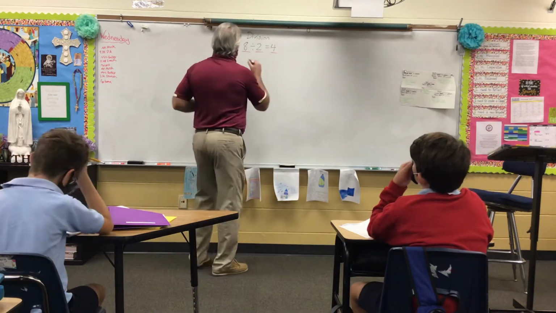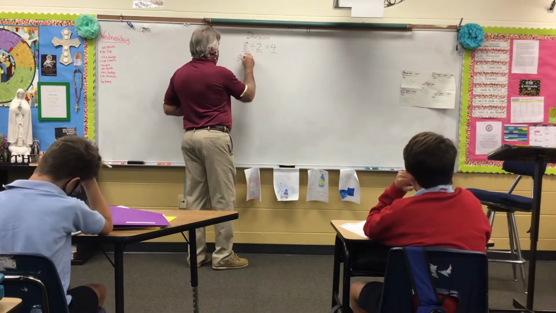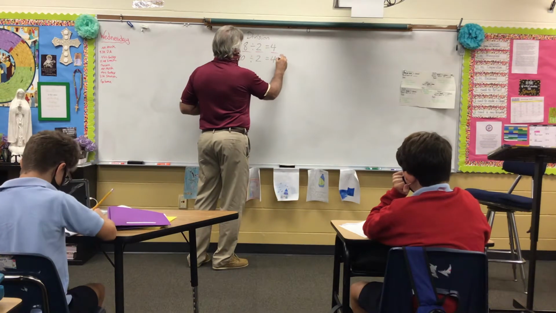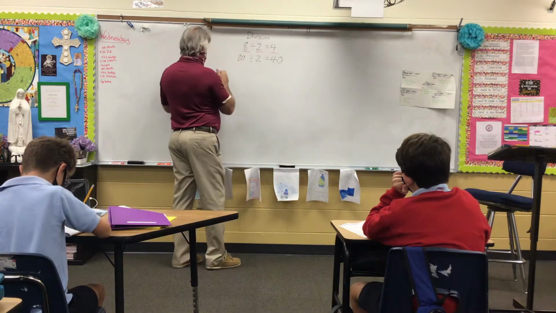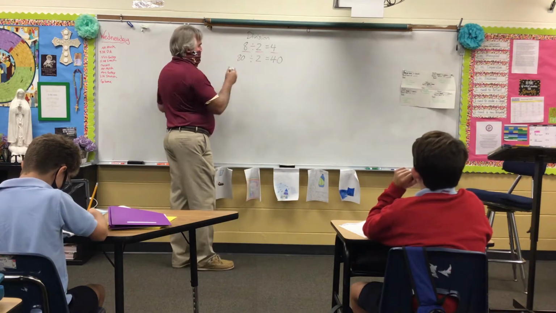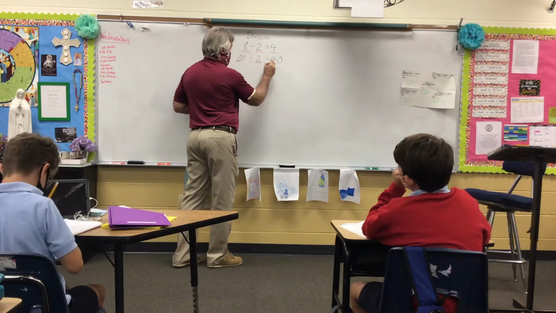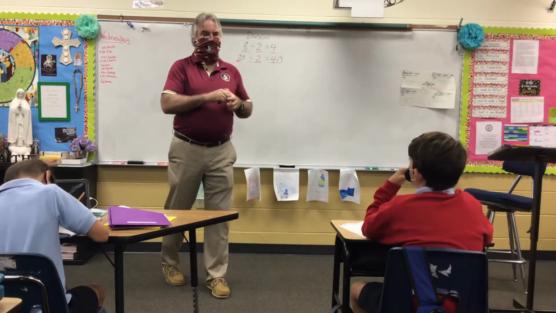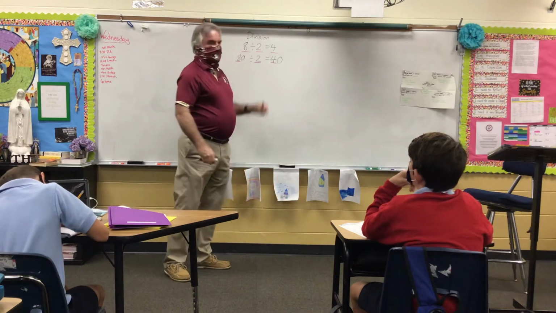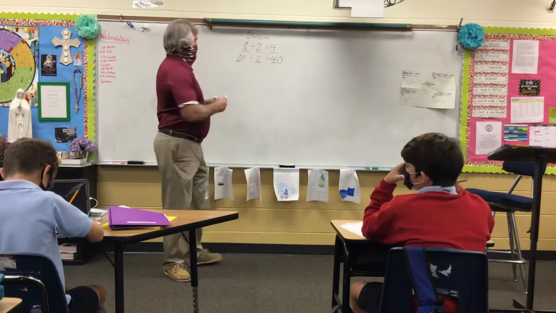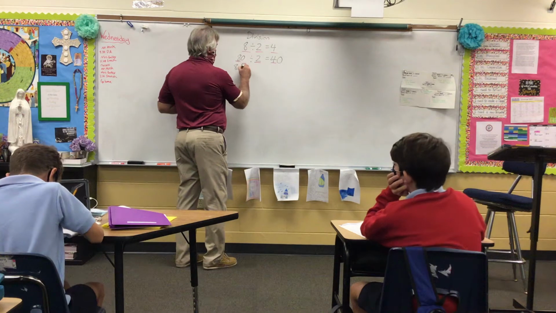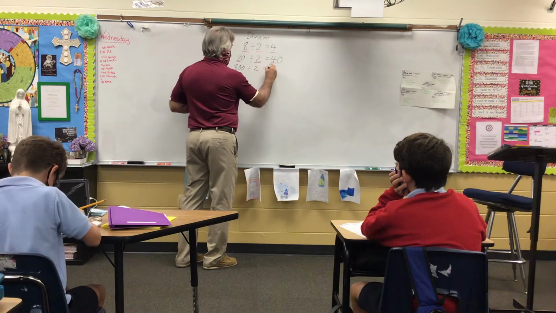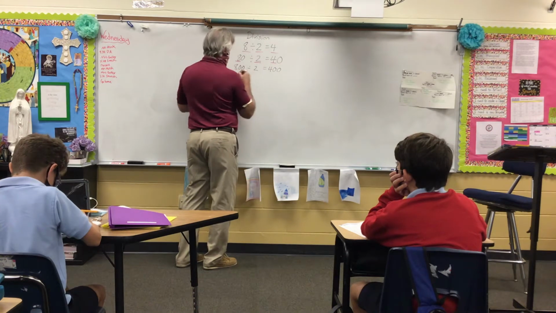Now, the ones that you did were like this. Here's the basic fact. 8 divided by 2 is 4. I got a 0 over here, so I bring the 0 over there. 800 divided by 2 equals 400.